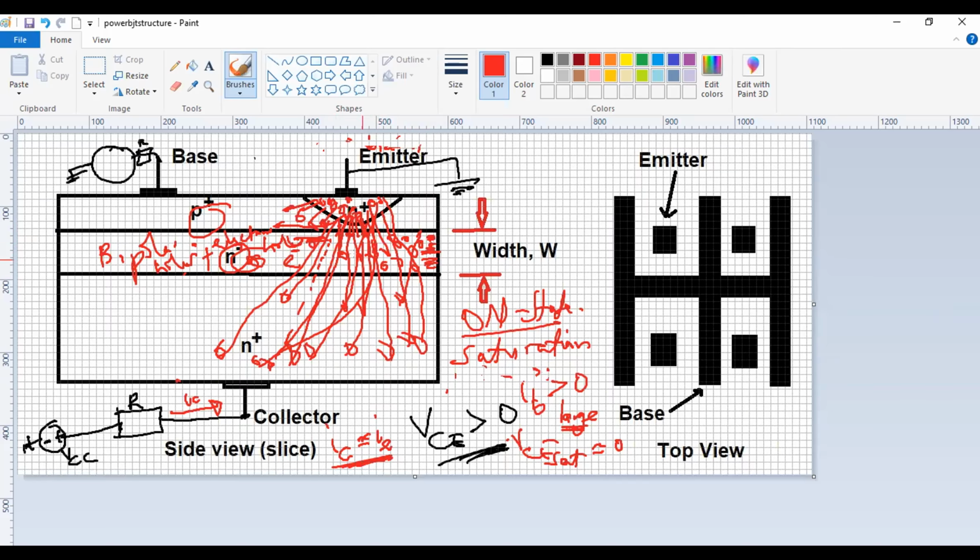Although because it's lightly doped, what that means is that the VCE sat down here is going to be higher. This is 0.6. I don't have a number for this, but VCE sat for a power device is going to be higher than the VCE sat for a signal device.